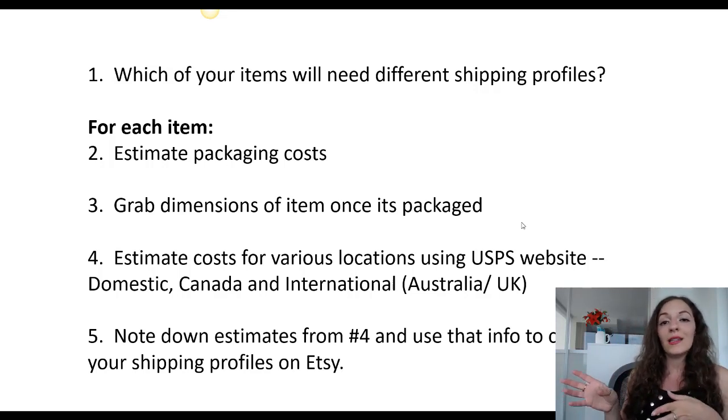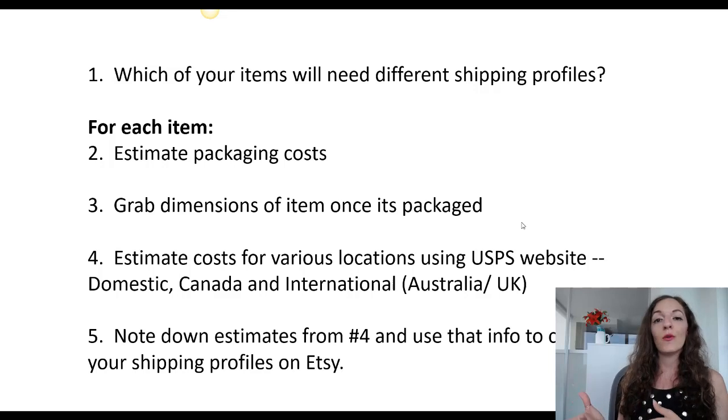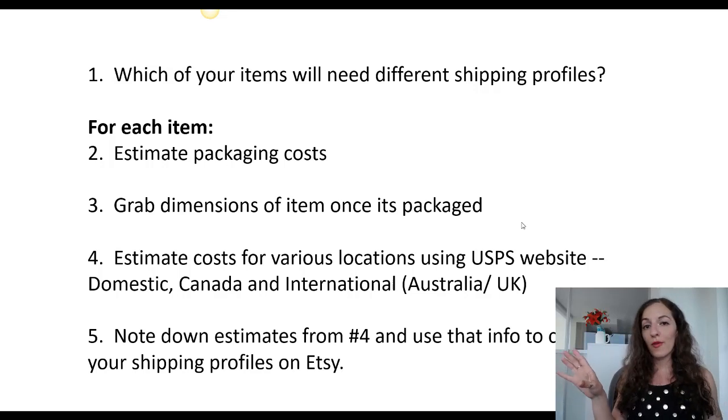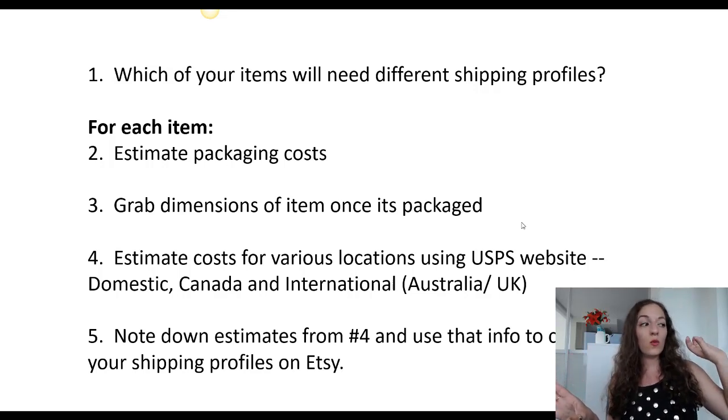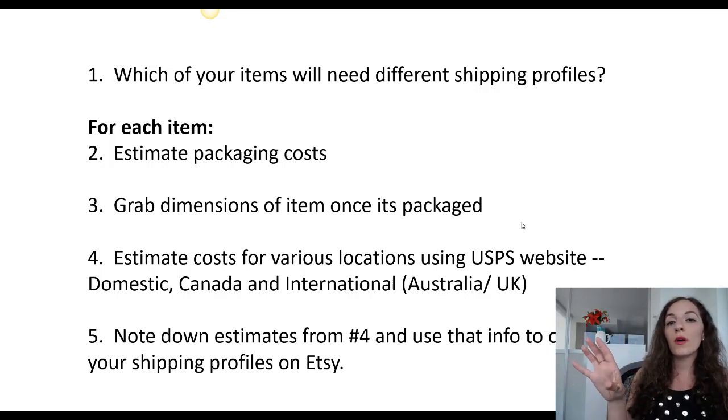The mug will need a box and also some bubble wrap. It's a fixed size box, and also it weighs a lot heavier than a t-shirt, right? So just estimate like that by looking at your items and identify, okay, this means I need to create 2 shipping profiles, okay? So I'll need 1 shipping profile for the t-shirts and 1 shipping profile for the mugs.